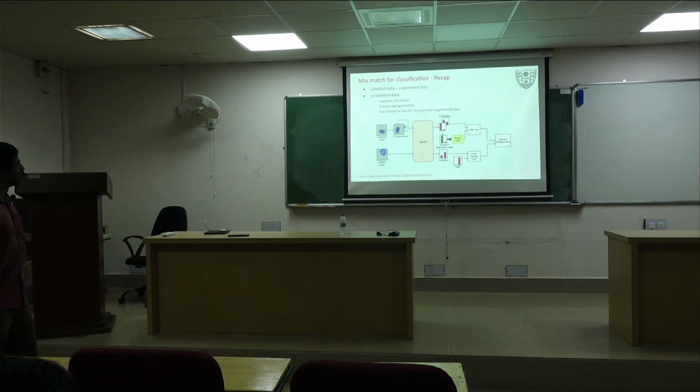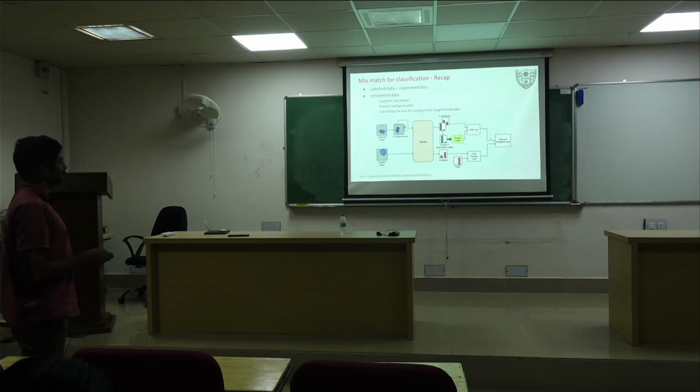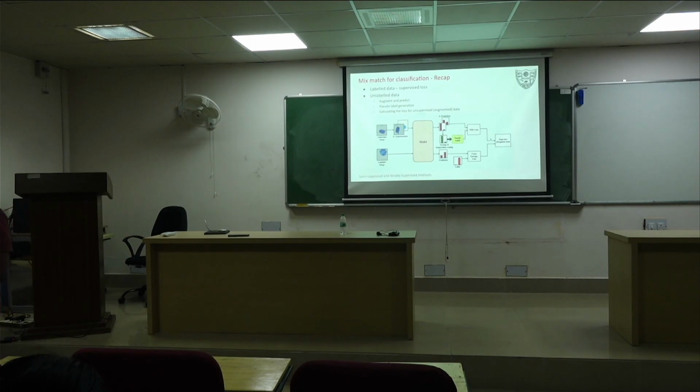Then we tried those two algorithms, MixMatch and FixMatch, as we discussed. MixMatch, as you remember, is about doing a lot of augmentations on the unlabeled image: change the color, put in noise, shift, rotate, all those things. You get different predictions and average them to get a standard prediction, which you consider the pseudo label. Each of these predictions should be the same as this by the semi-supervised learning principle, so you minimize that mean square error loss.